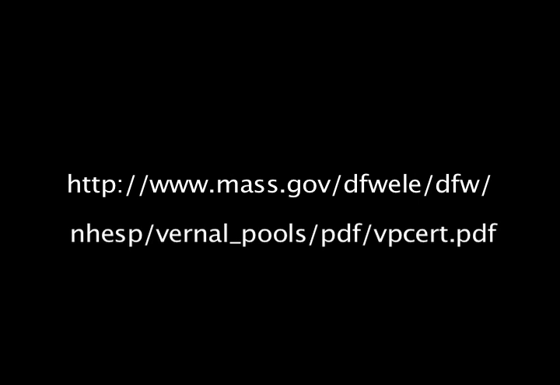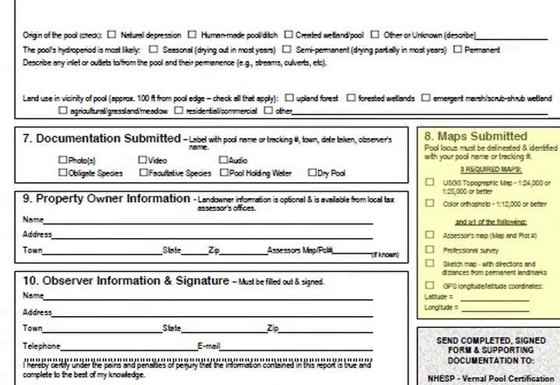You must also include the GPS longitude and latitude coordinates of your pool, or one of the following: a sketched map that includes your pool and the surrounding area, an assessor's map that includes your pool, or a professional survey that includes your pool.